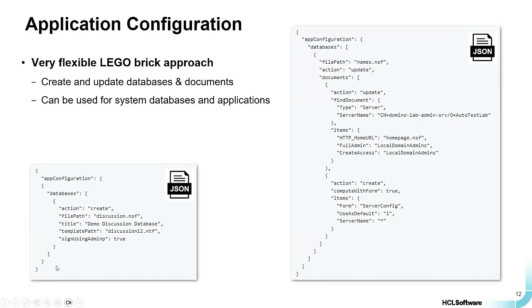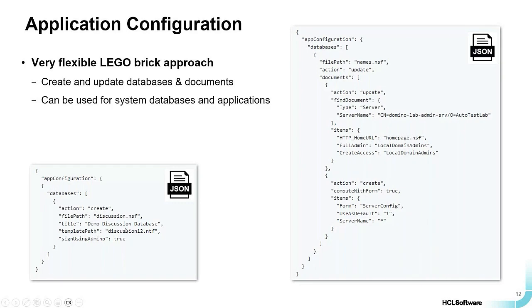This section just says action is create. The file path is discussion NSF. I give it a title, I give it a template, and I say sign it with user admin. So this really brings up a new discussion database with your new server. That's it. Simple as that.